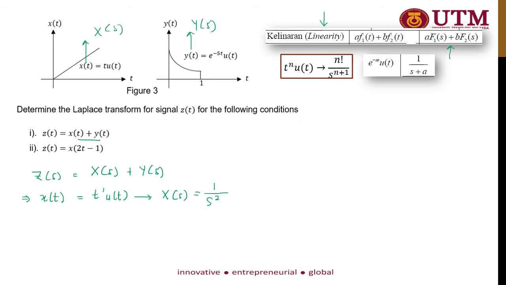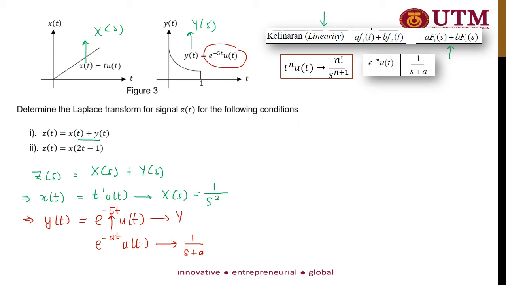So this is your X(s) from x(t). Next, determine what is your Y(s) from y(t). So y(t) equal to the given equation, e minus 5t u(t). Compared to the equation from the table, you know that e minus at u(t) will produce 1 over s plus a. In this case, your a equal to positive 5.